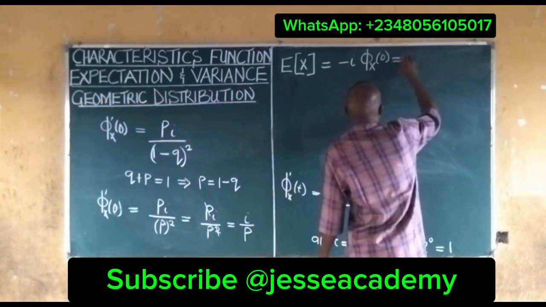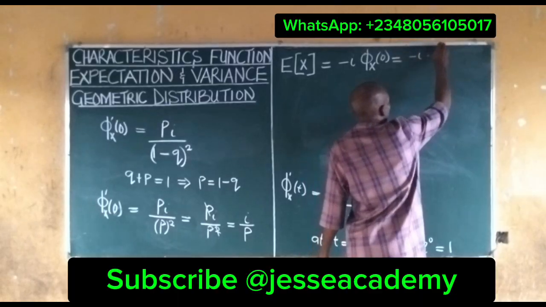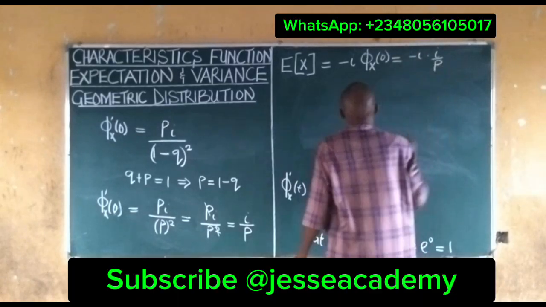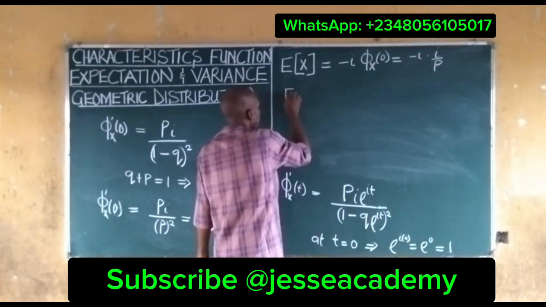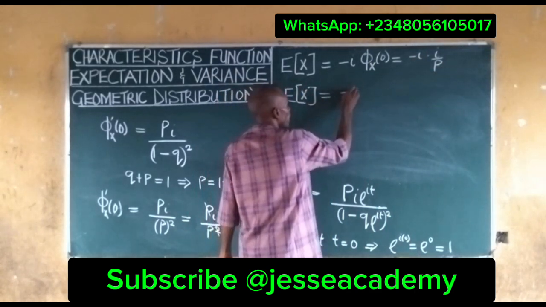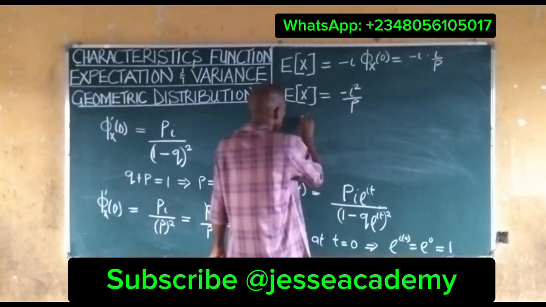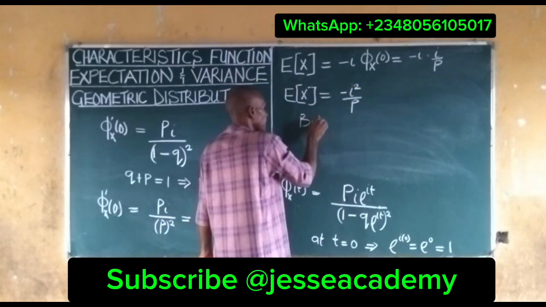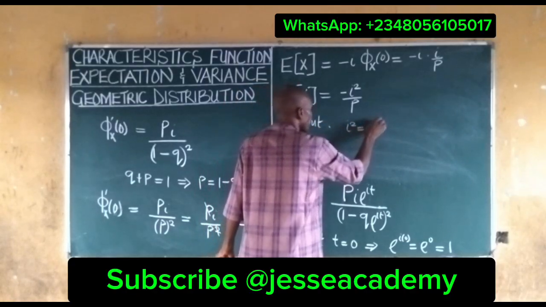So because of this negative sign, we have negative i times i all over p. So our expected value of x is equal to negative i squared all over p. But from the identity, we know that i squared is equal to negative 1.